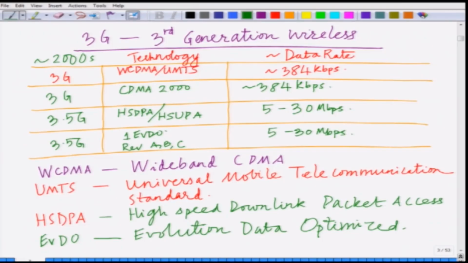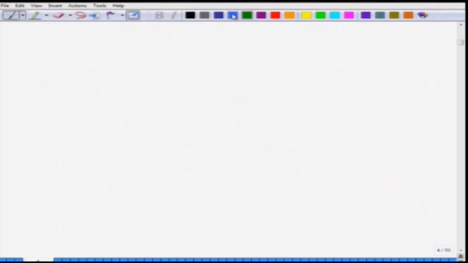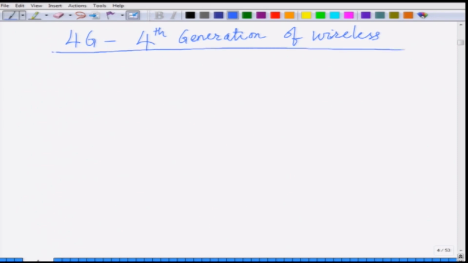And these further gave way to the fourth generation of wireless communication standards.